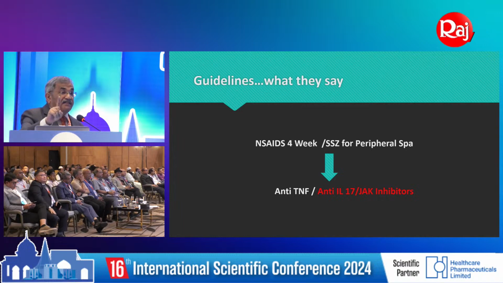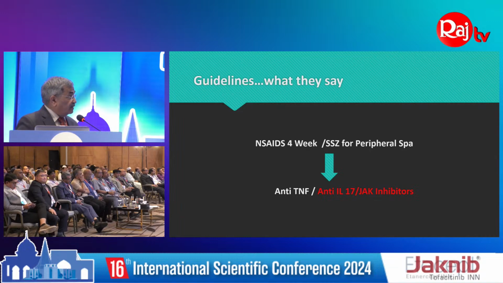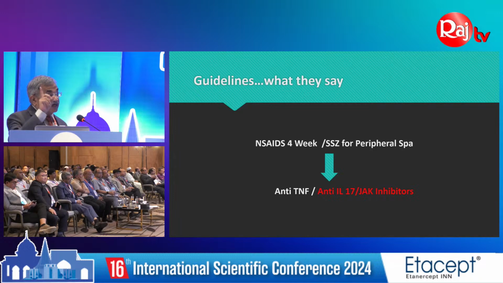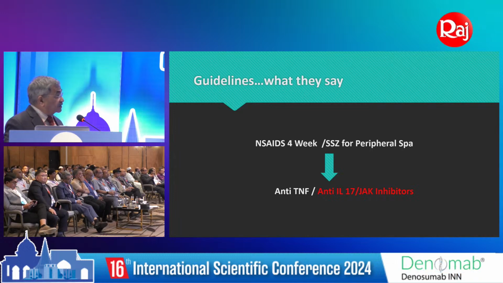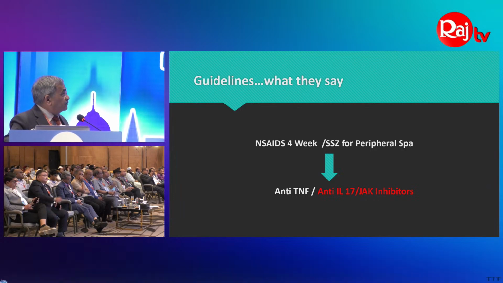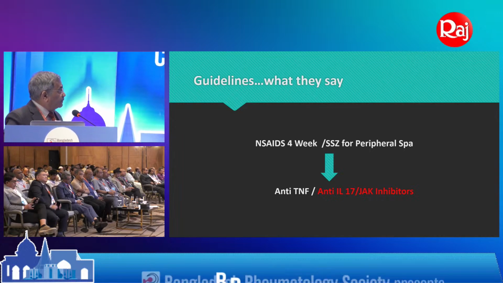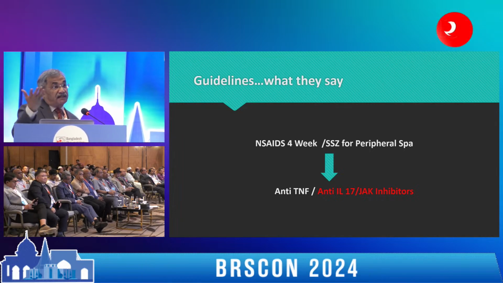For axial disease, you don't have a conventional synthetic DMARD. But I'm not talking about JAK inhibitors, that's not my topic. But if you really ask me as a clinician, all have been put on a similar platform, whether you use A, B, or C. So don't ask which is better.